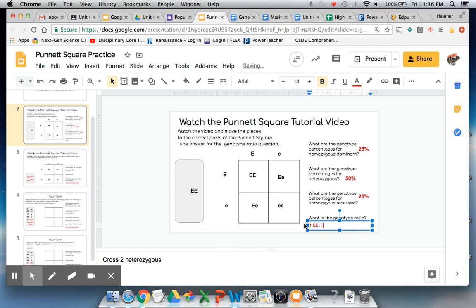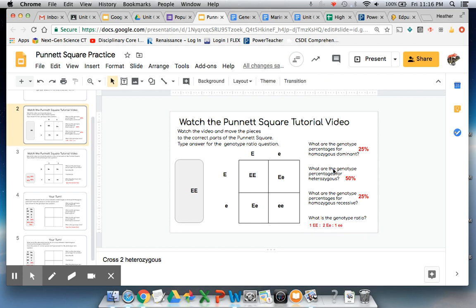And then your next set of genotypes. So you have 2 heterozygous, and colon 1 homozygous recessive. And that would be your genotype ratio. So pause the video, move your percentages, and type in the genotype ratio, and you're ready to move on to the next slide.